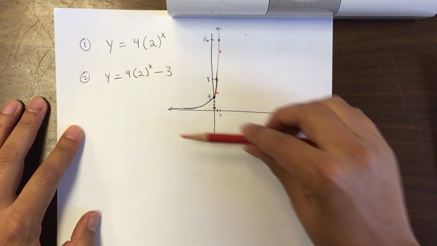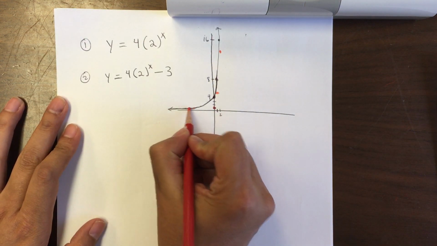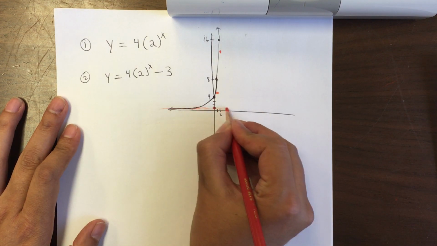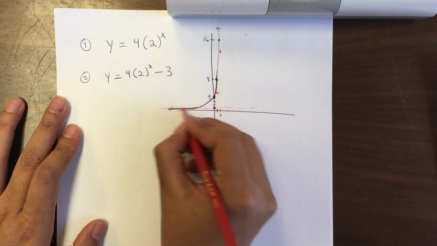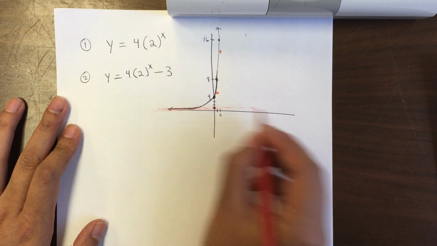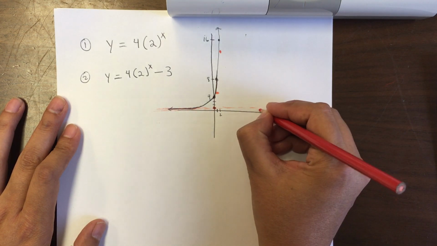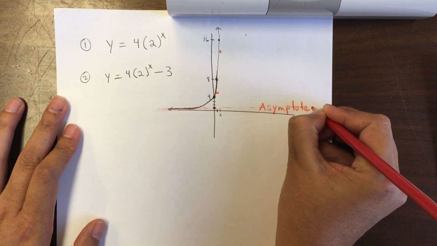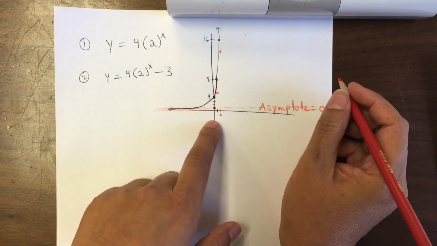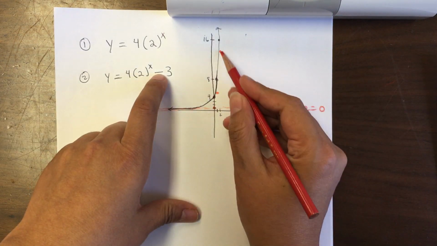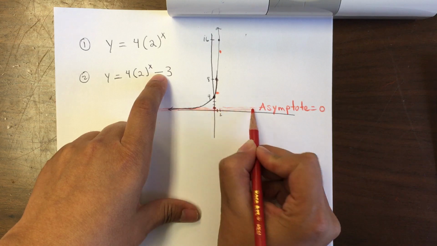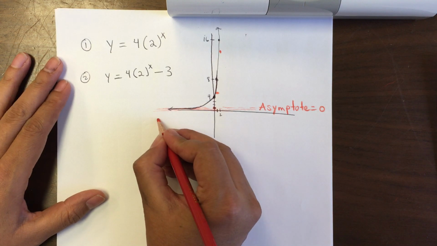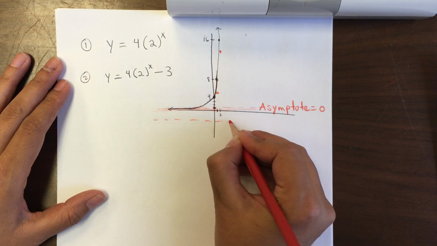You know how this line right here converges, as x goes to negative infinity, on y equals 0. That's called the asymptote. The asymptote is equal to 0. However, for this one, all the points are going down by 3, so the asymptote is also going to go down by 3.